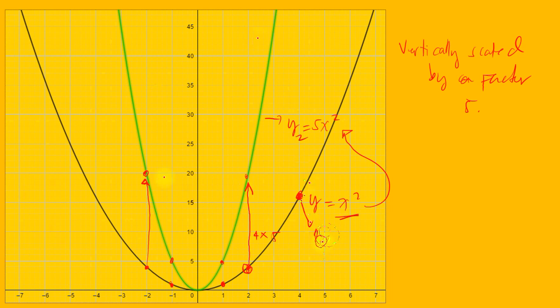So 16 times 5 is 80. So at 4, 80. The main idea is that by using vertical scaling, or the effect of a, we can sketch the graph of 5x squared with reference to x squared.